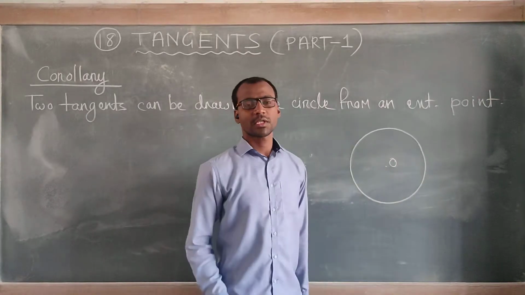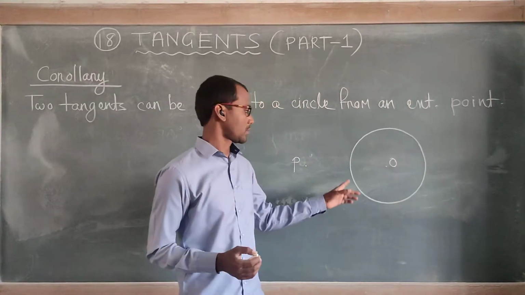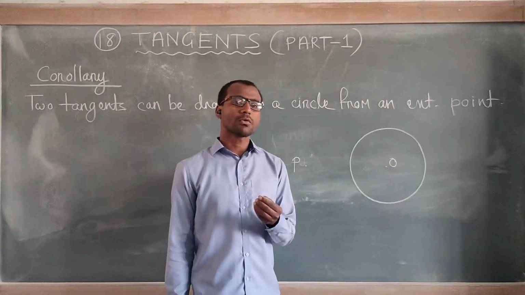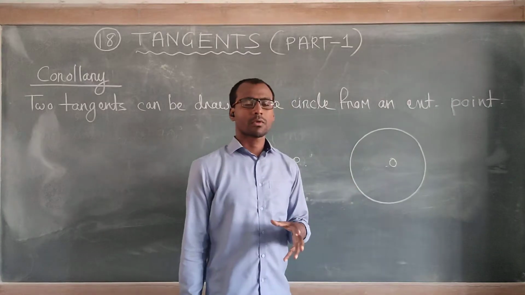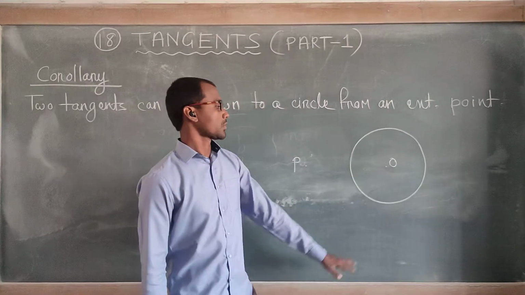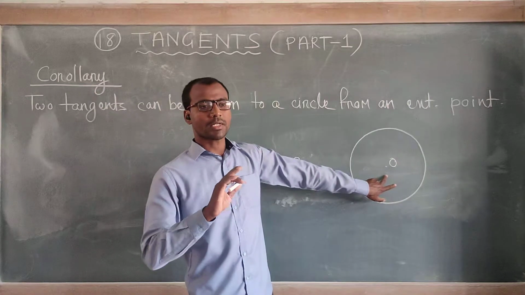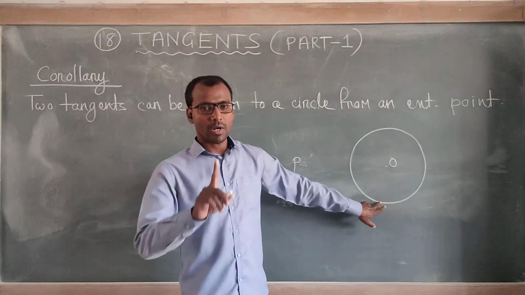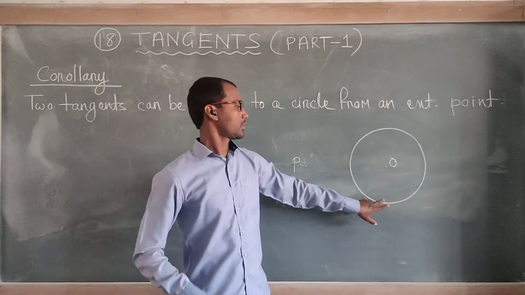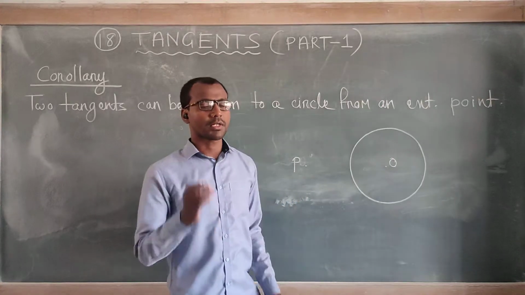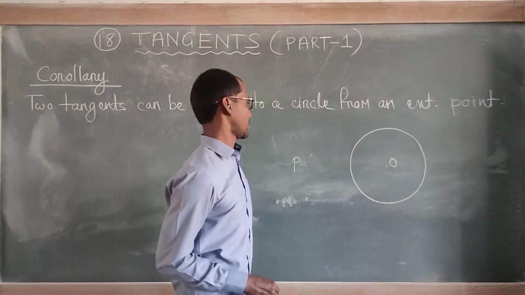Now through O, is it possible that we can draw tangents to the circle? It is not possible. Whatever lines you draw through the point O, they will become secants, not tangents. Remember this. Through a point inside the circle, no tangent is possible. Through a point on the circumference, only one tangent is possible. From a point outside the circle, you can draw two tangents.